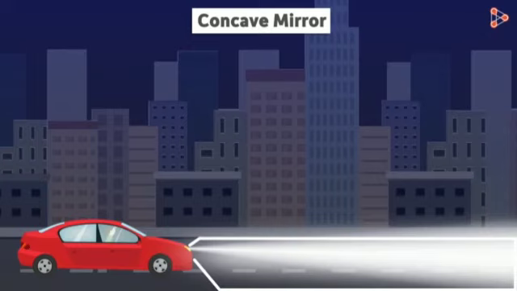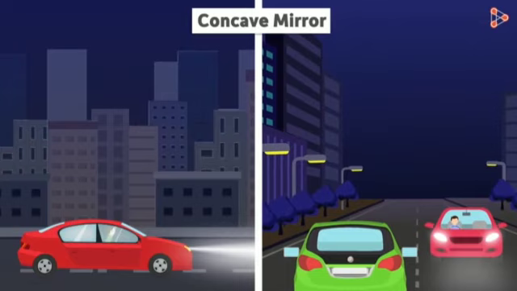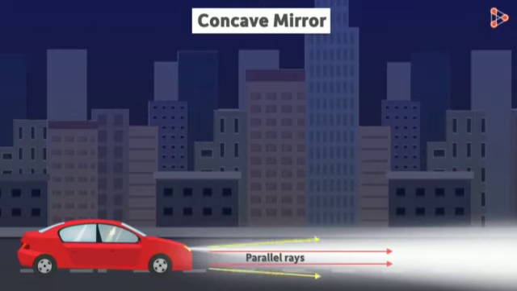However, in reality we don't want all the rays to travel parallel. We also want some of the rays to travel a bit sideways. Why? Because we not only want to see the road ahead, but also the things along the sideways of our vehicle.